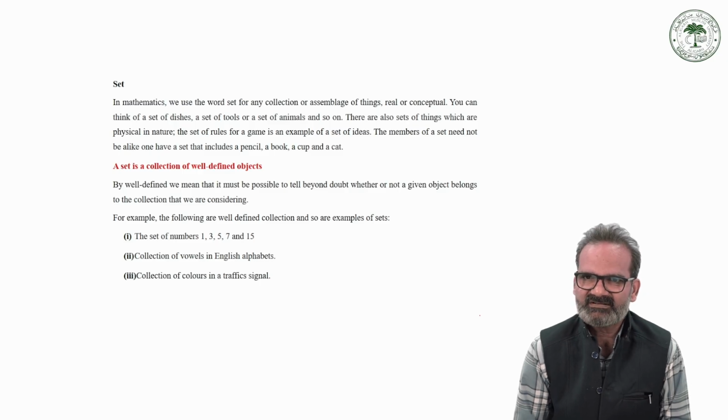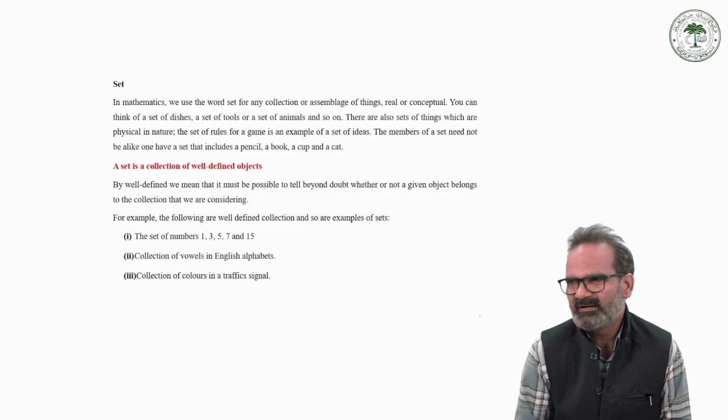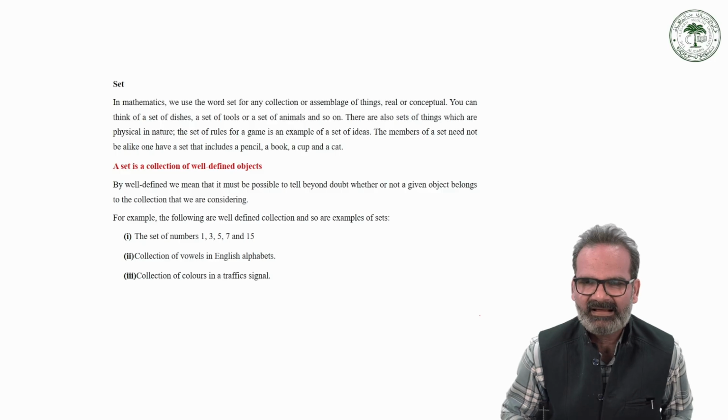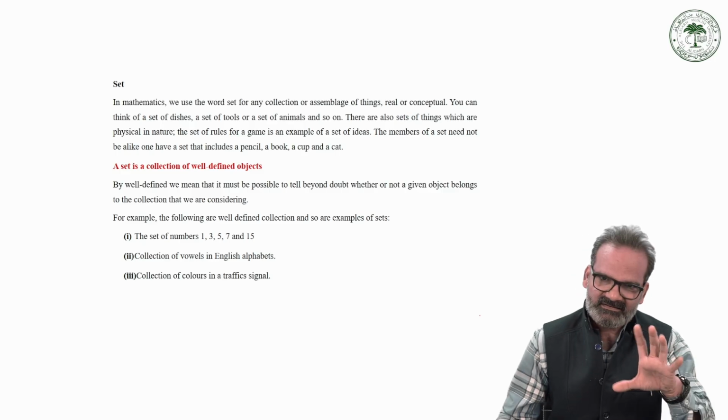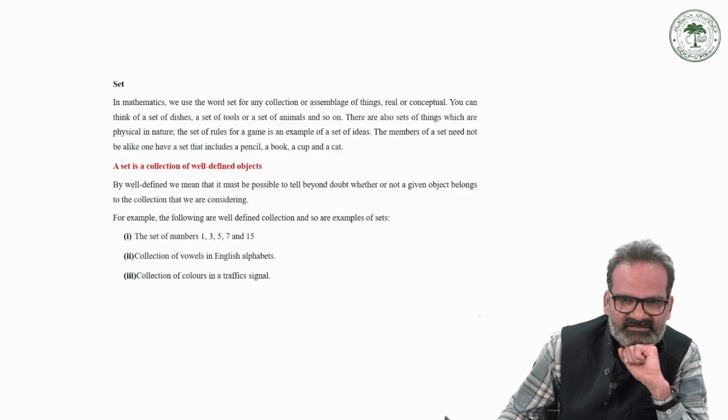There are also sets of things which are physical in nature. The set of rules for a game is an example of a set of ideas. The members of a set need not be alike. One can have a set that includes any item like pencil, book, cup, etc., or any animal like cat, etc. So what do these 3 or 4 lines actually represent?